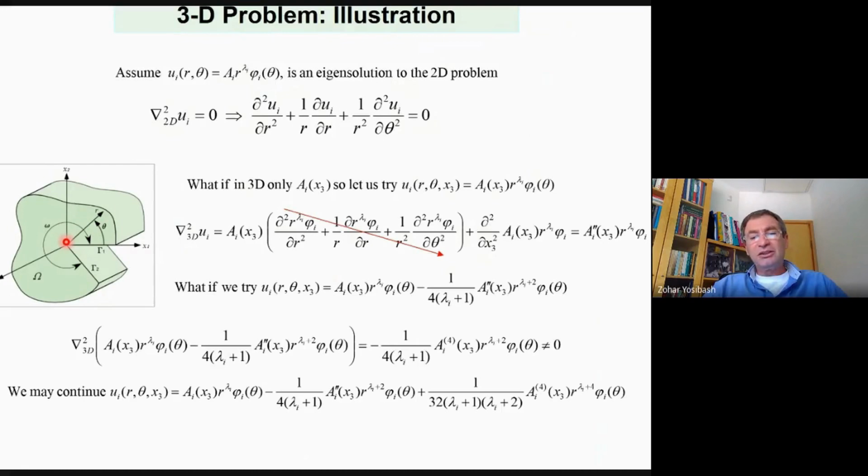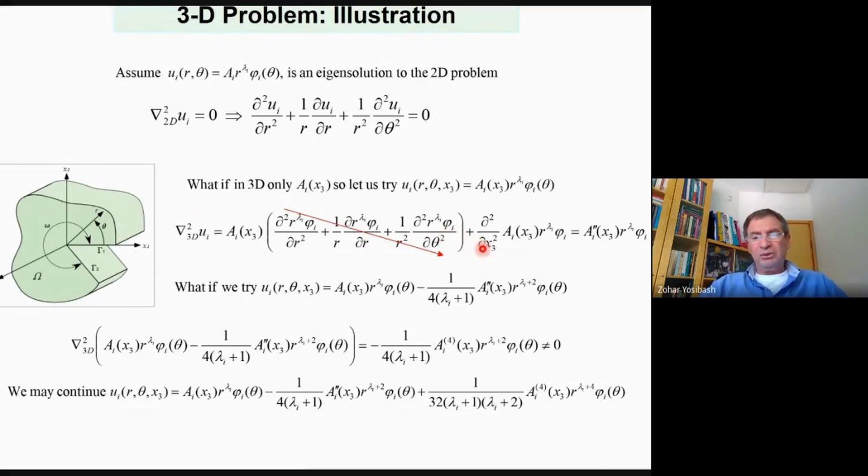So I'm interested in a solution along that line. And for the moment, I will stay away from the vertices. So this is a 3D vertex, which is the intersection of the crack with the free surface. So I have x1, x2, x3, and the Laplacian in 3D will have the Laplacian in 2D plus this term.